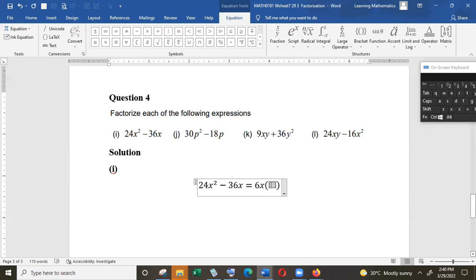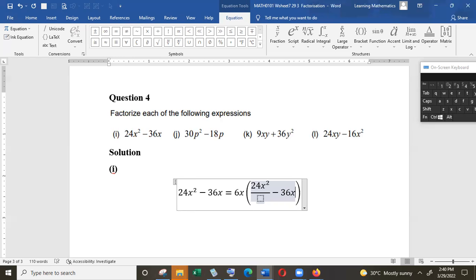And what you do now, remember we said we have to divide both terms, both the 24x squared and the minus 36x, by what was factored out.